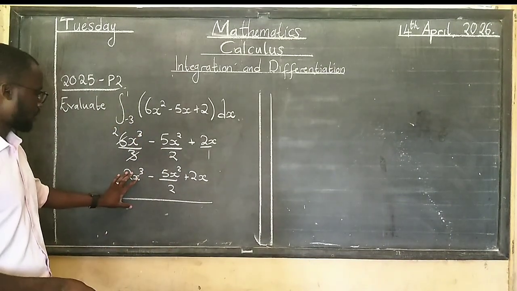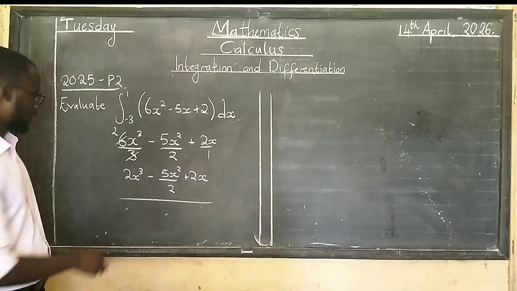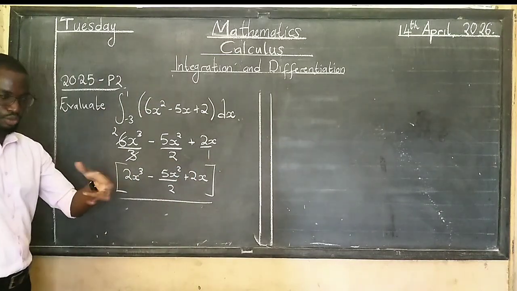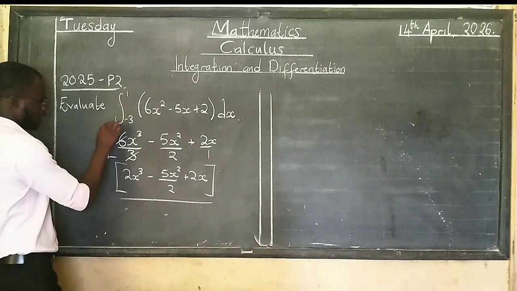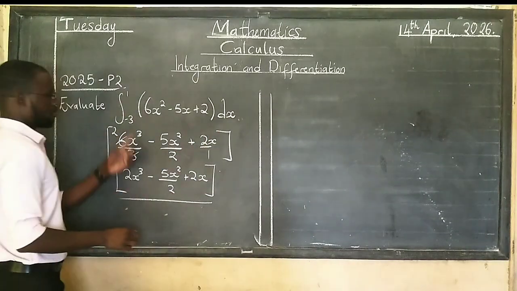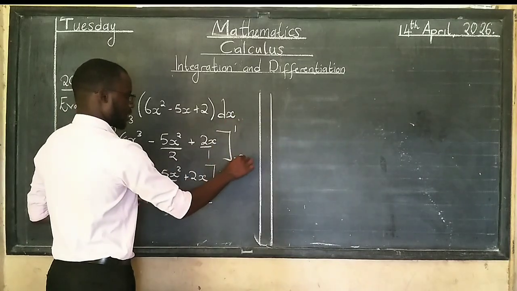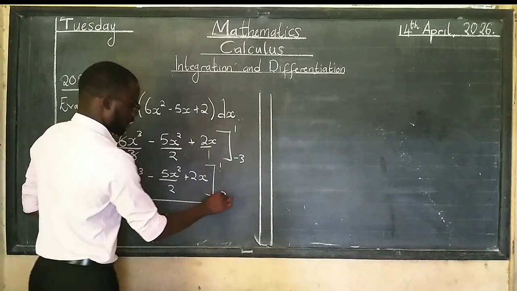Okay, so after we have done this, you remember these? I am used to putting them there because they help me have somewhere to put the limits. So 1 up there, minus 3 up there, 1 up there, minus 3 up there.